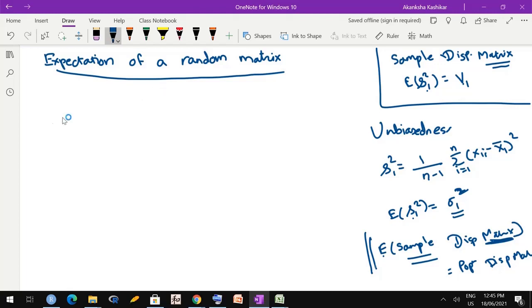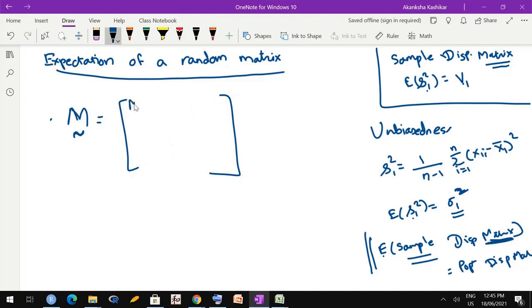Okay, so now again the definition is very simple. Suppose I have a matrix, let me use the notation now, M. Suppose M is a matrix. By the way, I will try to use this type of tilde notation for a matrix and underline for a vector. So suppose this is a random matrix.